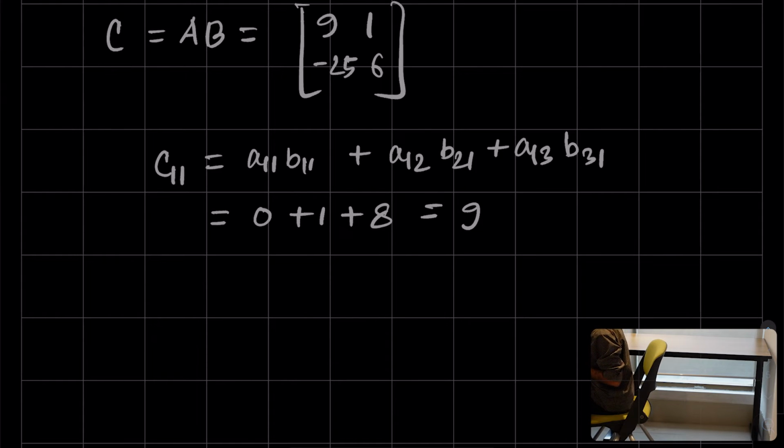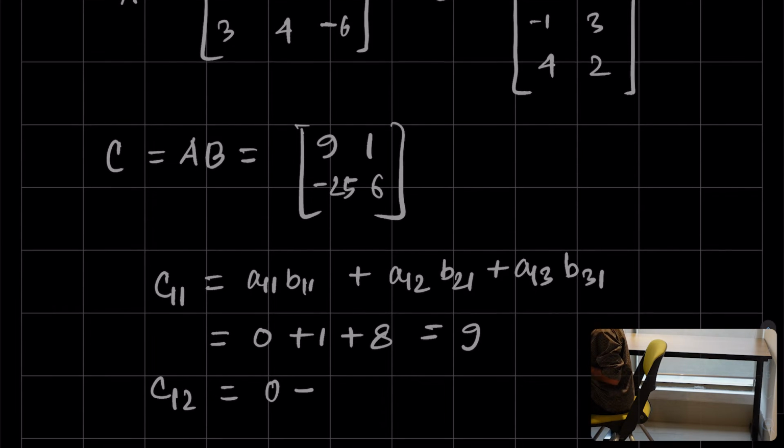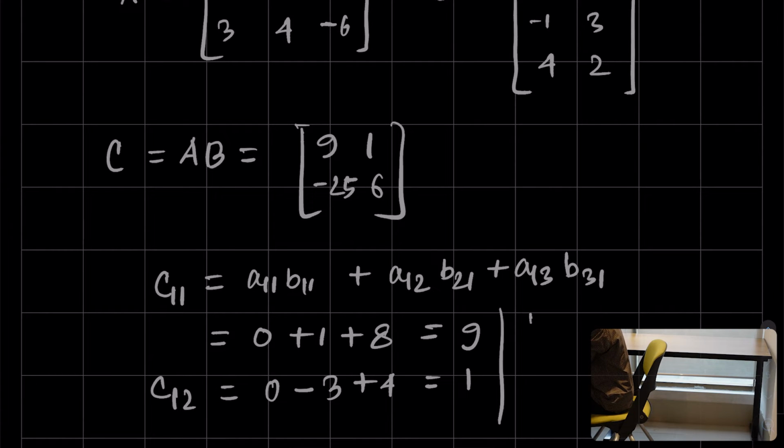Similarly, we can find that C12 is equal to 0 minus 3 plus 4, which equals 1.